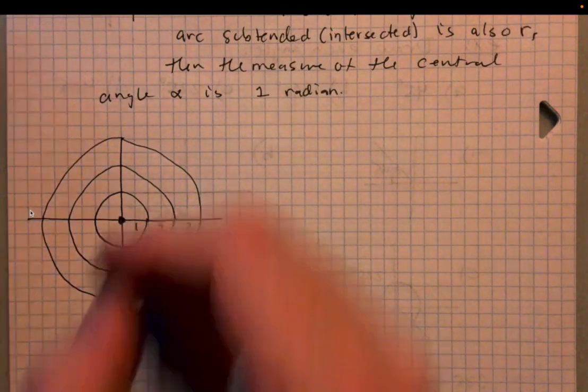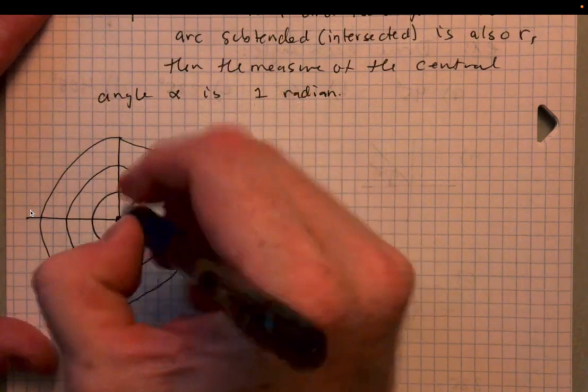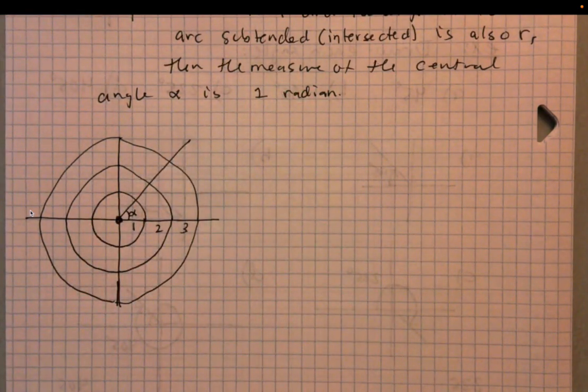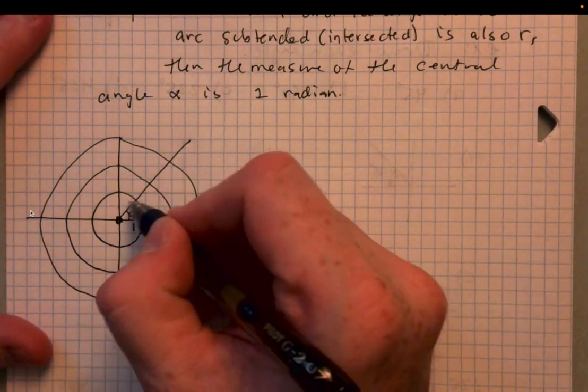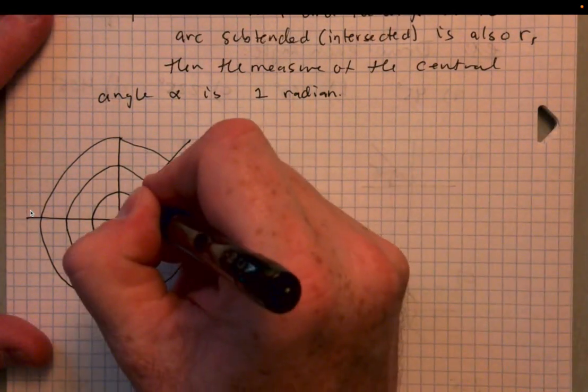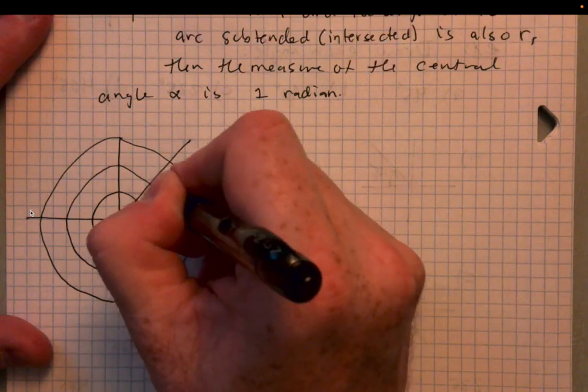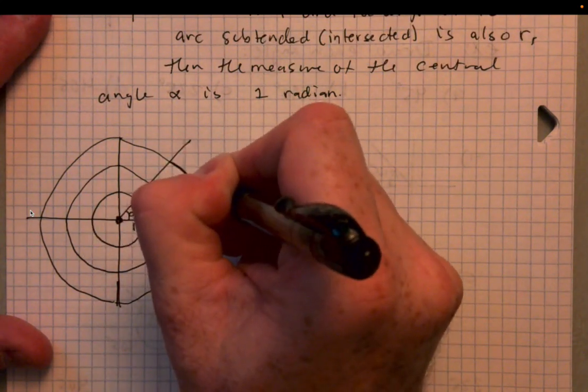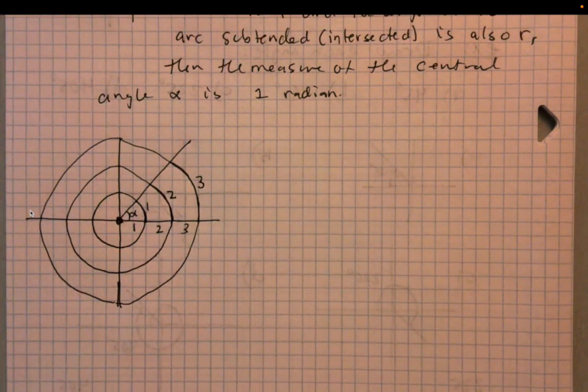And if I just put in some angle here, alpha, and if alpha is exactly 1 radian, then this arc length is 1, this arc length would be 2, and this arc length would be 3. So for a circle of radius 1, a central angle with measure 1 radian would subtend an arc of length 1.